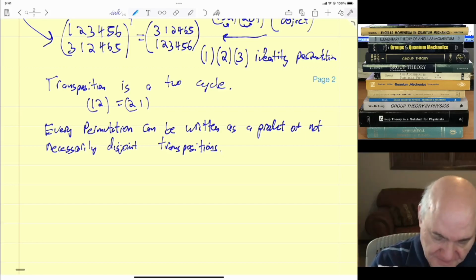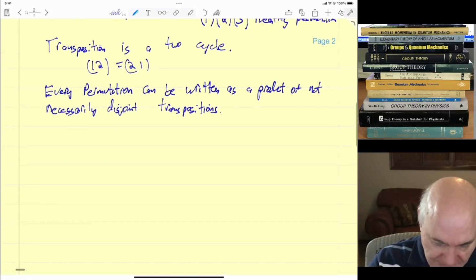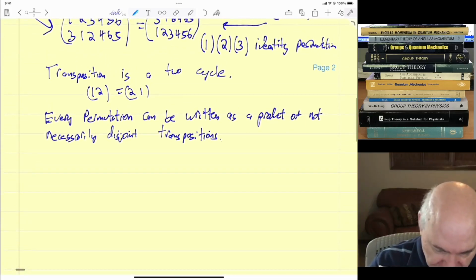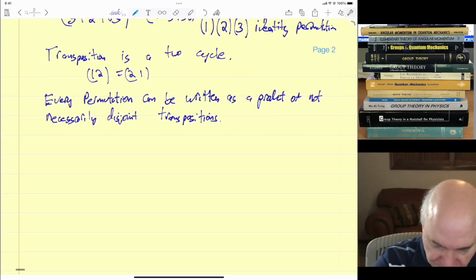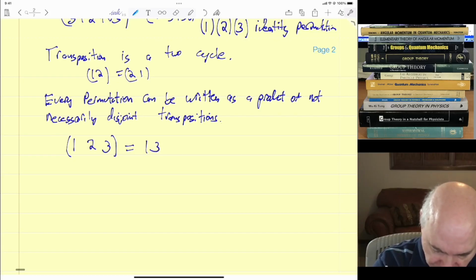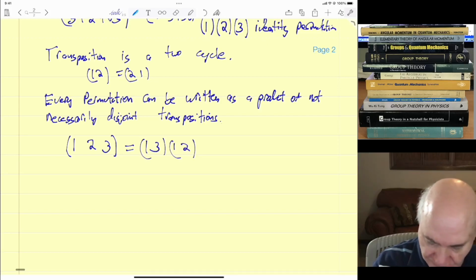And as part of the proof, you can do it by induction and various other ways, but let's just show that a 3 cycle, (1 2 3), how would we write that? Well, I'm just going to show you the answer, (1 3)(1 2). Now let's verify this. On the left, 1 goes to 2. On the right, 1 goes to 2. 2 doesn't occur in this cycle, so that's it.